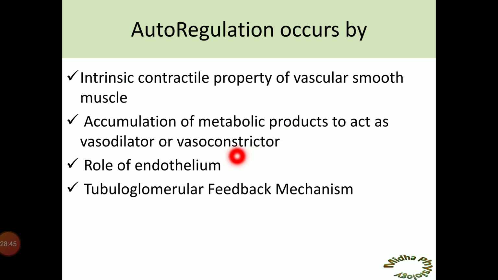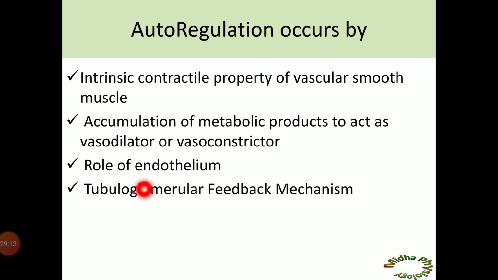Or, according to the requirement, the endothelium of the vessel would start to secrete vasoconstrictor or vasodilator. The vasoconstrictor like endothelin causes contraction of the mesangial cell, or the vasodilator like nitric oxide causes relaxation of the smooth muscle and dilatation of the vessel. So this endothelium itself is helping the autoregulation process.